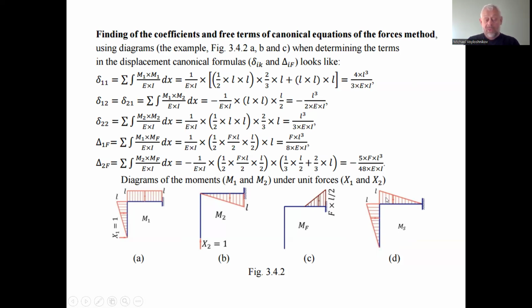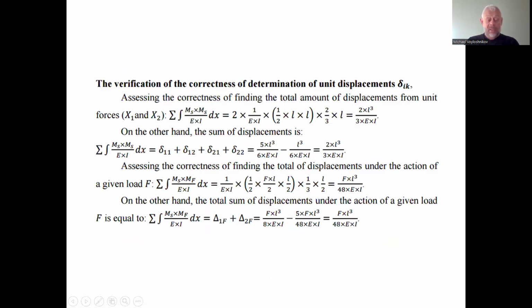This will be the product of this one diagram of the bending moment and the unit forces taken together in two directions, assuming that it is an action in the abstract direction number S. When we do the product of the diagrams, in the brackets is the area of the diagram of the external force, and this is the magnitude of the diagram of the bending moments under the unit forces action in the abstract S direction, taken to these two factors on the right from the brackets.